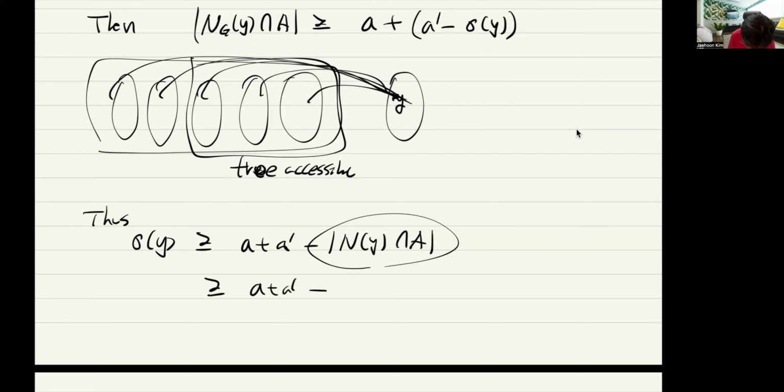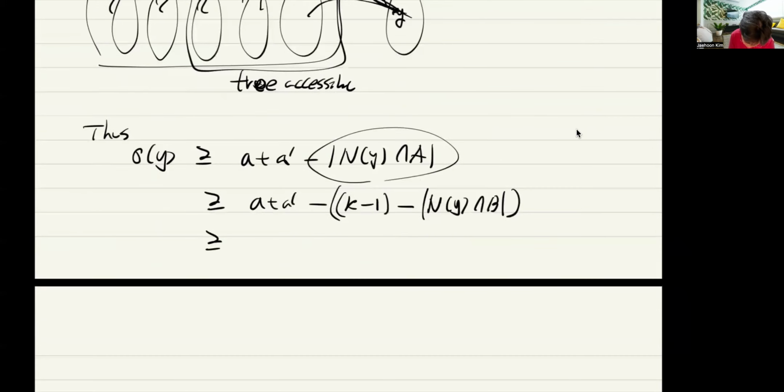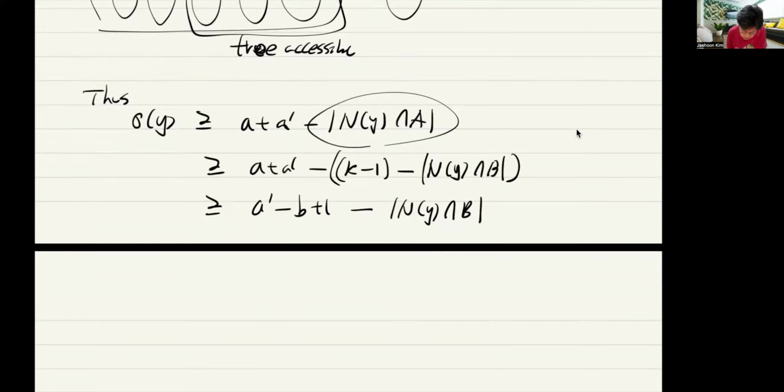At most K minus 1 minus the number of neighbors in B. And that's like A prime minus P plus 1 minus the number of neighbors of Y in B. Okay, so we know this.